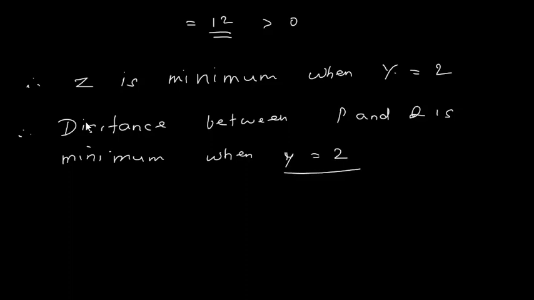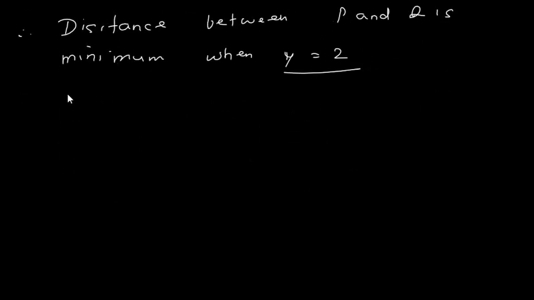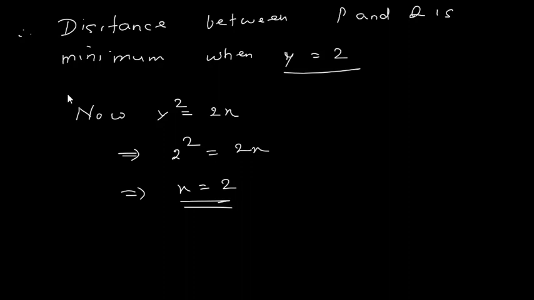Now when y is equal to 2, what is the value of x? y square is equal to 2x. This is the equation of the curve. This implies that 2 square is equal to 2x. This implies that x is equal to 2. So therefore the value of x is 2 and the value of y is also 2.